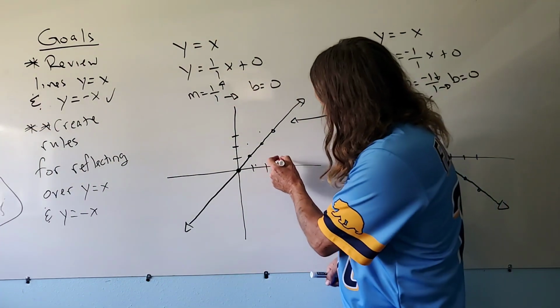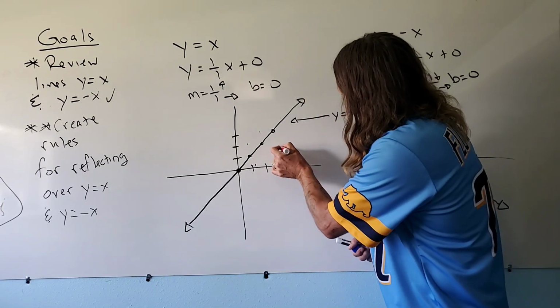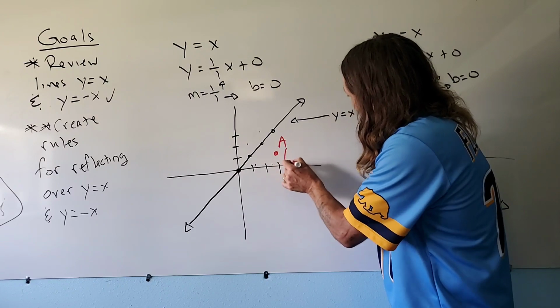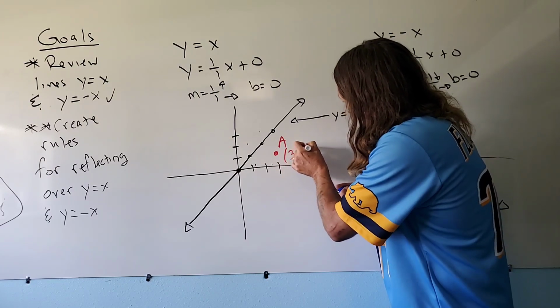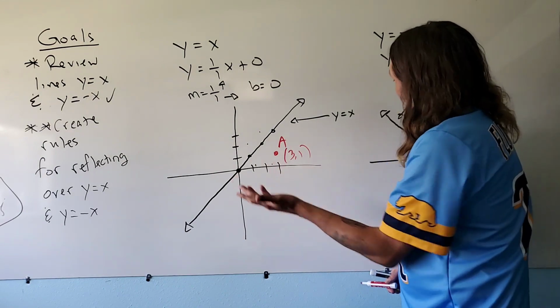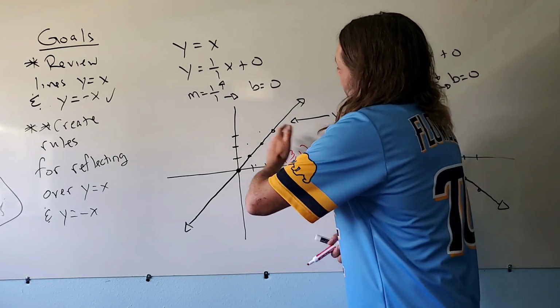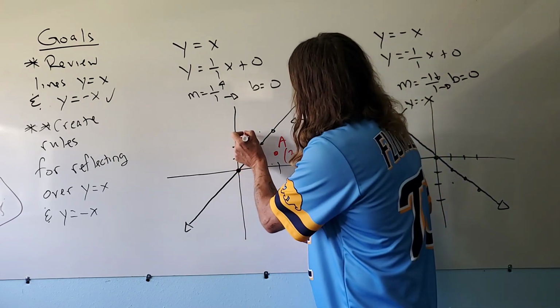All right, so let's start off with our normal beginning point that we've been working with, and we'll call this point A, and the coordinates for A are 3, 1. So if I could fold this whiteboard, it would actually land right here.